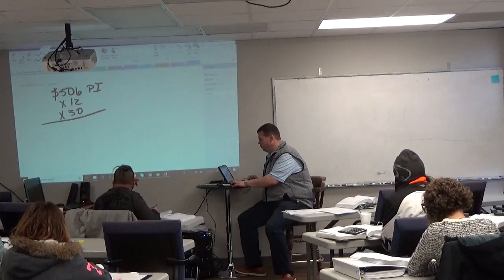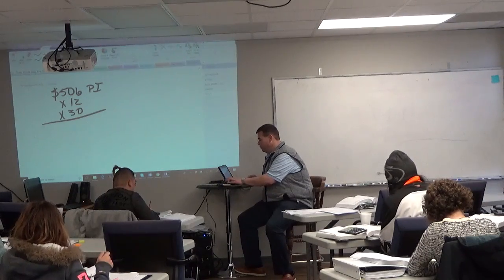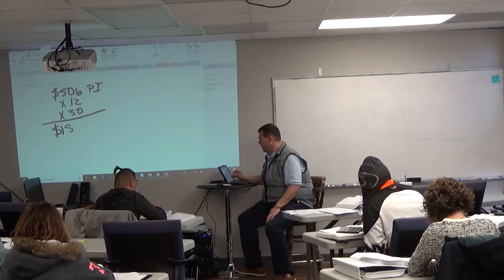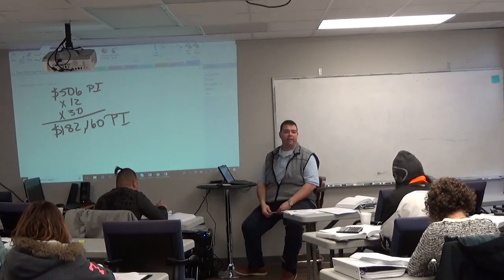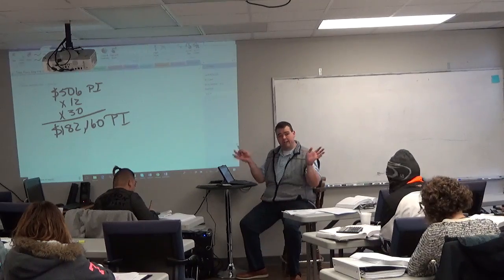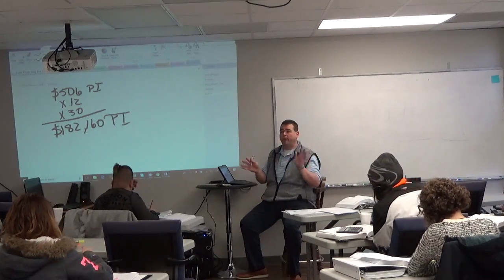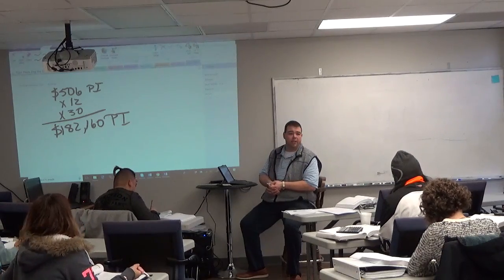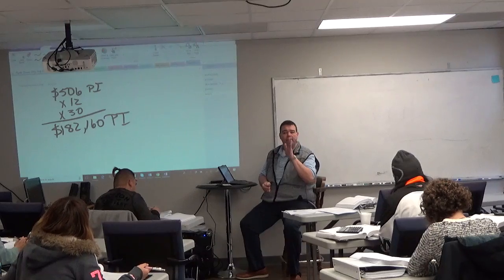So in total, I'm going to pay $182,160 for principal and interest over the life of that loan. Does everybody agree with that? Yes. Grand total, if I make every single payment, I'm going to pay $182,160. That's not what they asked me for, though.